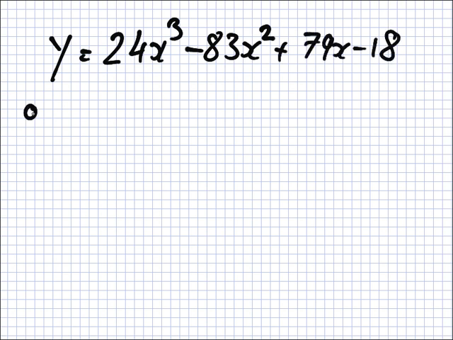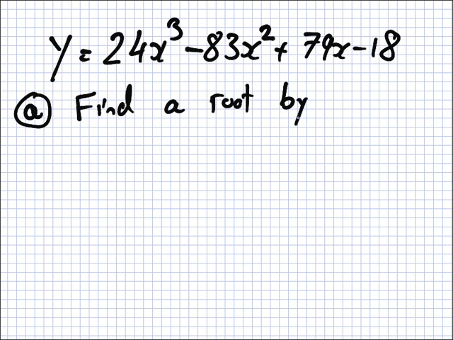So my first question, part A, would be to find a root by, what would we call the method I used earlier? Trial and error. Find a root by trial and error.